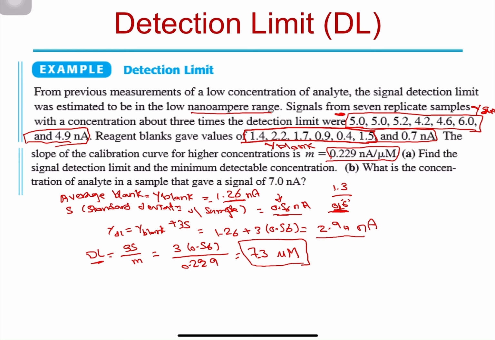Now the second part of the question is asking what is the concentration of the analyte in a sample that gave a signal of 7 nanoampere. So we know now that Y of the sample minus Y blank will equal M times concentration.